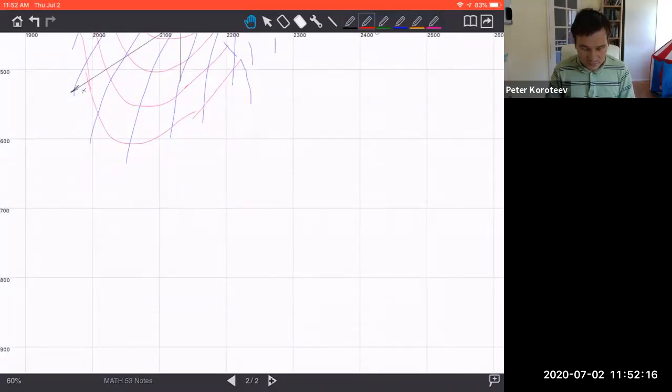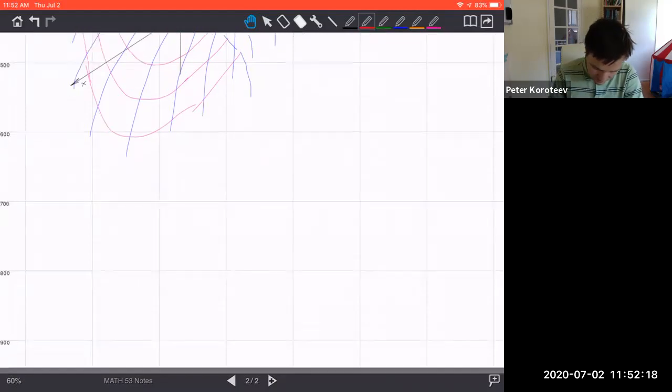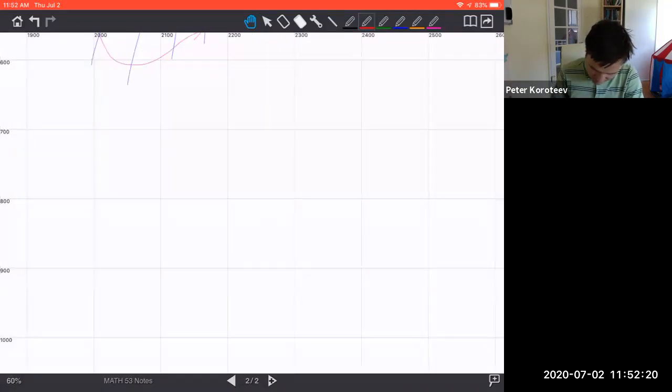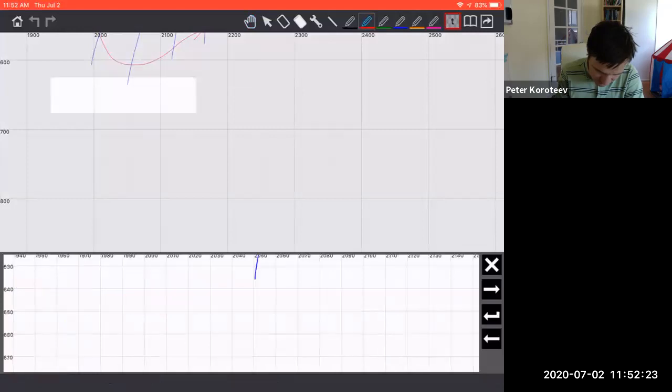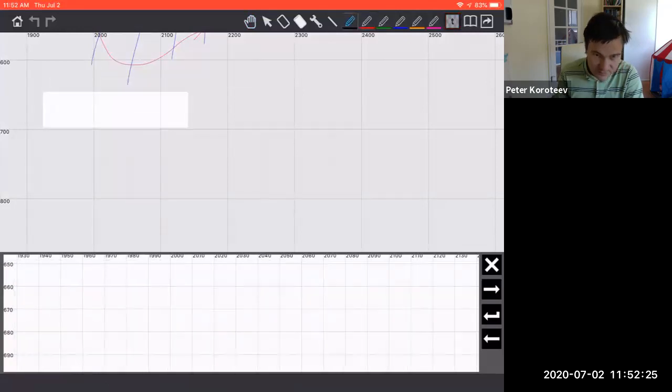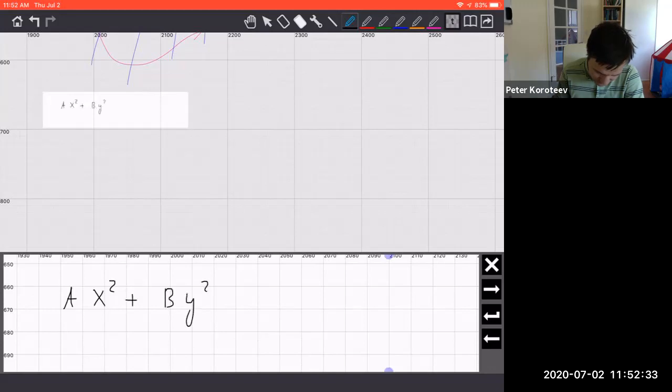So for that, we need to add more things. Now we need to look at a couple of possibilities here. Let's say we have this coefficient, a x squared plus b y squared plus c z squared plus d equals 0.